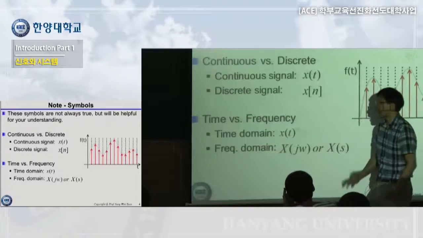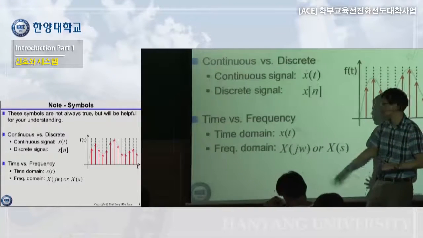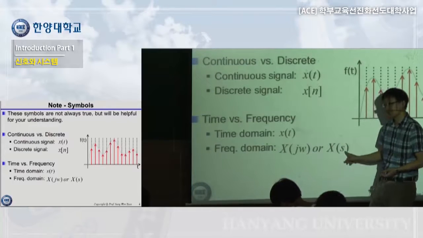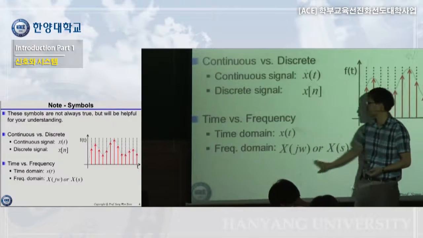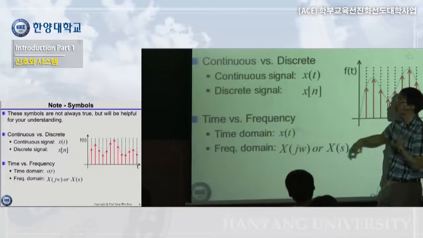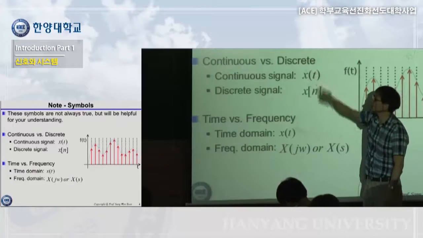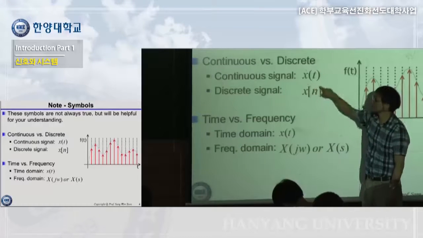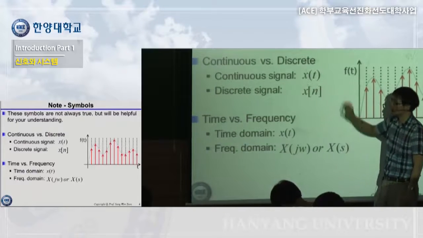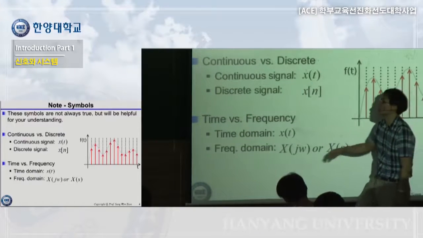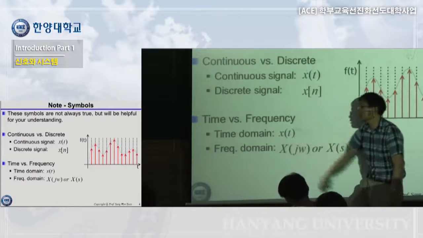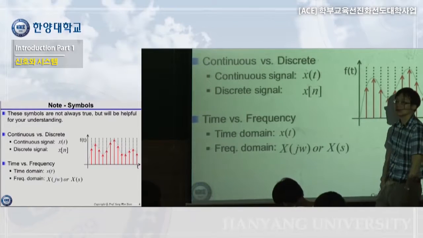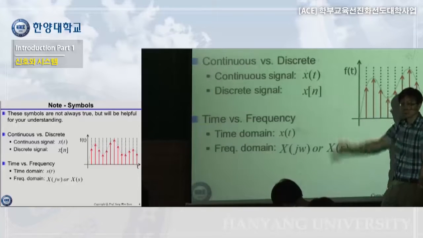In the frequency domain, we have to use frequency. So this omega, this s, this complex number has a frequency term. We can define them like that. So in short, round bracket t is continuous. Rectangular bracket n is discrete. Small character is time. Large character, capital, is frequency. So straightforward.